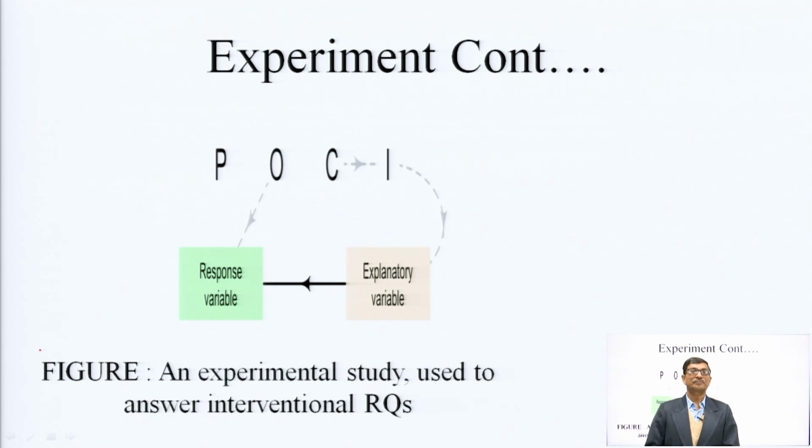This is the figure of an experimental study, where we have an explanatory variable and we find a relation with the response variable, and we allocate the treatments and people according to our study.